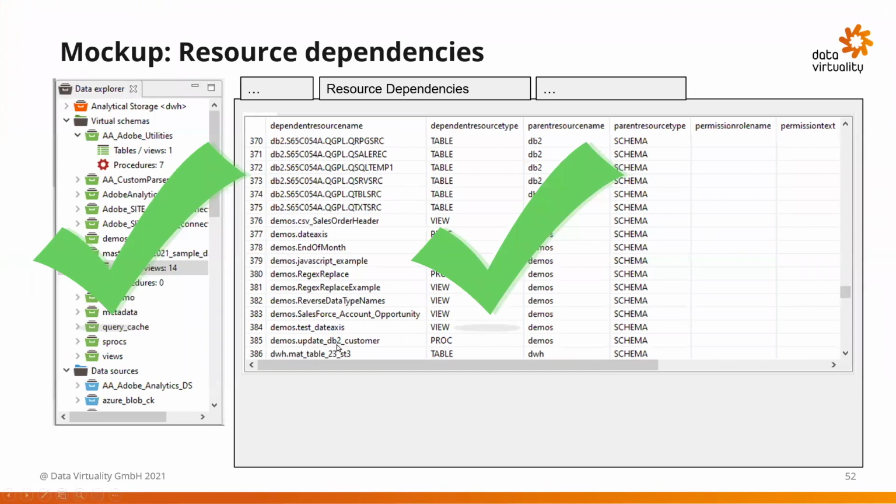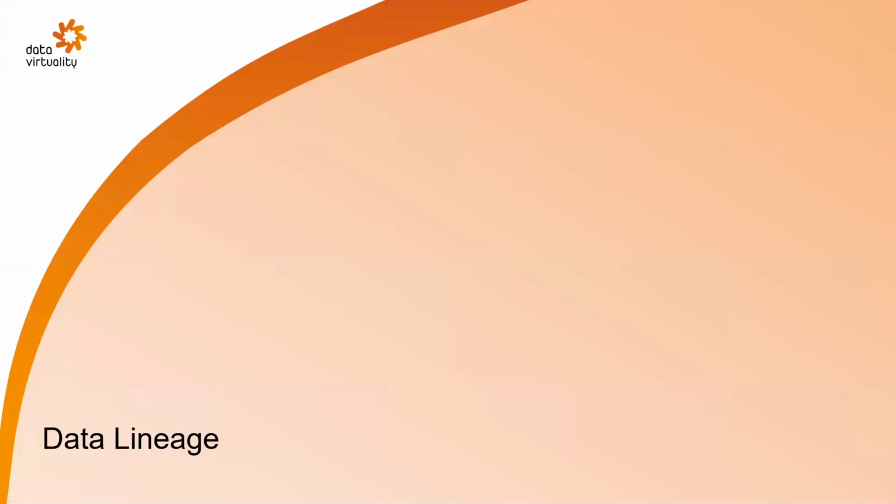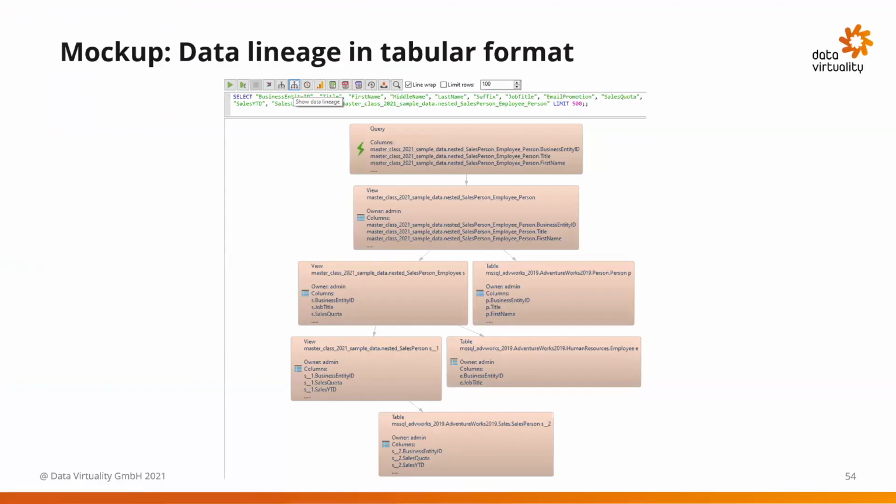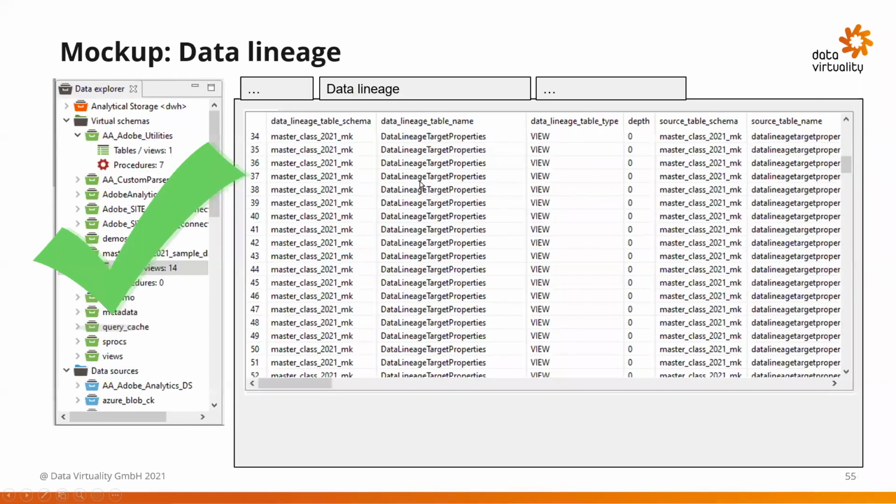And next, we're going to look at our data lineage. We want to get the data lineage that we have in Data Virtuality Studio, but we want this in a tabular format. This is great to visualize, I love this, but a lot of times what I really want to show an end user is something in this format.